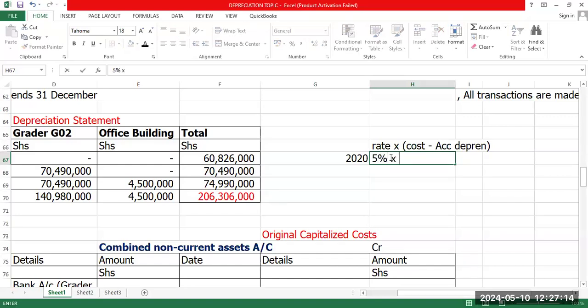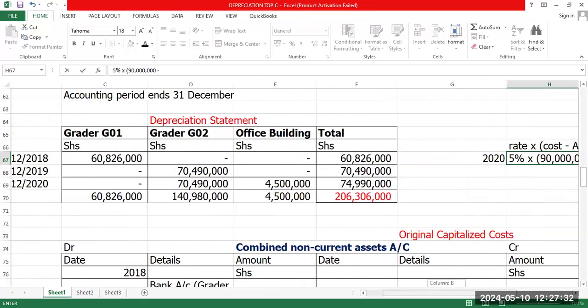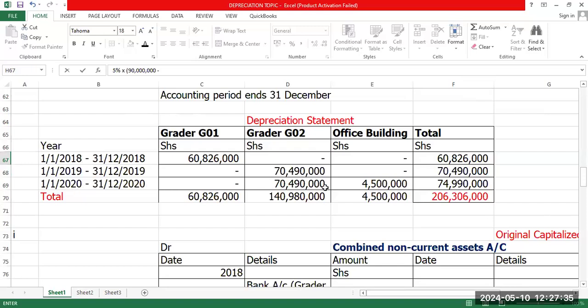Then you multiply the cost. The cost in 2020, what is the cost of this building? It was 90 million, then you subtract accumulated depreciation. At this point in 2020, before you write this figure, there is no depreciation here, there is no depreciation here. So accumulated depreciation is actually 0.